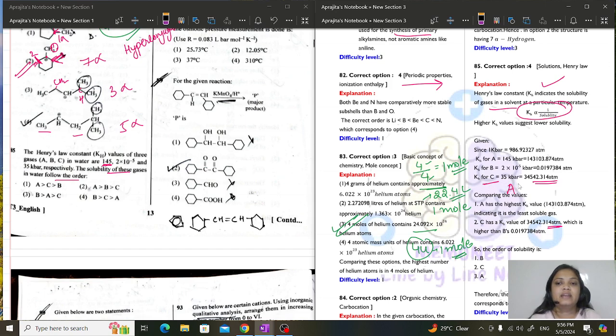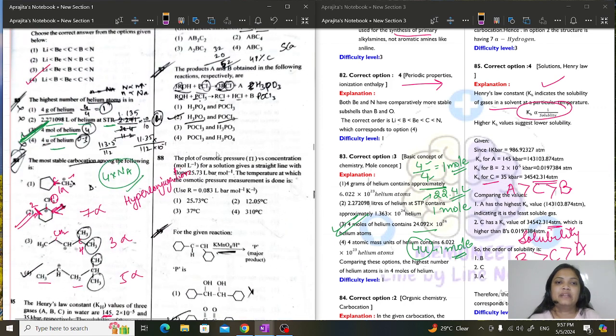So it's A, then C and then B. This is the order for Henry law constant. So the order of solubility would be reversed, that is B, then C, then A. This is the order of solubility. So the answer is option 4, B, C and then A.